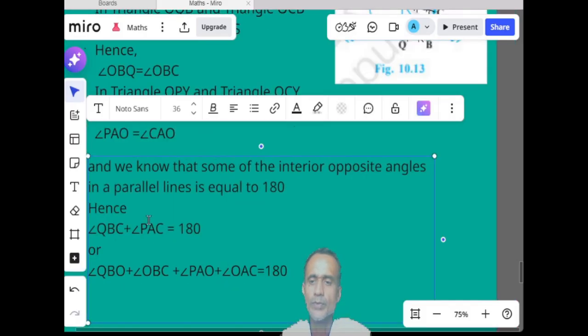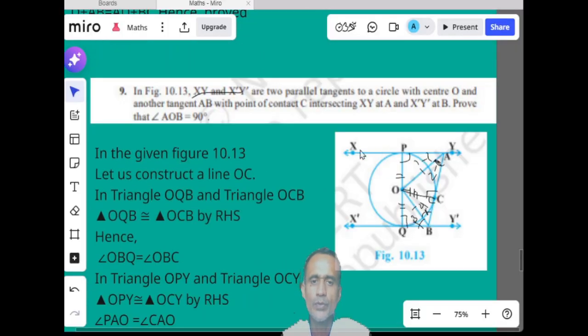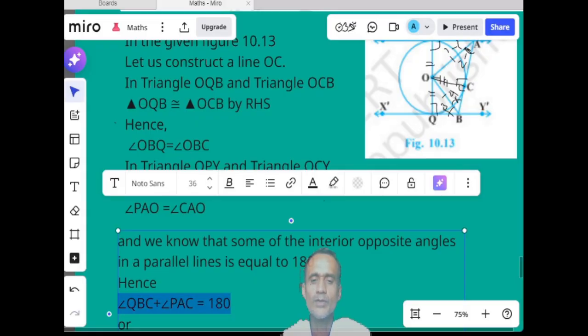So what we get: QBC plus PAC is equal to 180 degrees, because QBC and PAC, the sum of these angles is 180 degrees. But QBC is equal to QBO plus OBC.